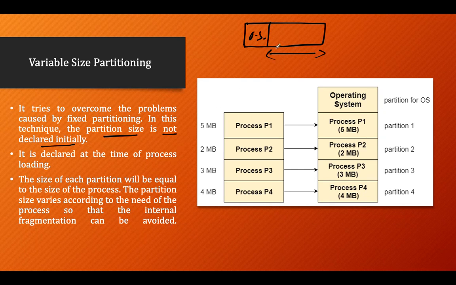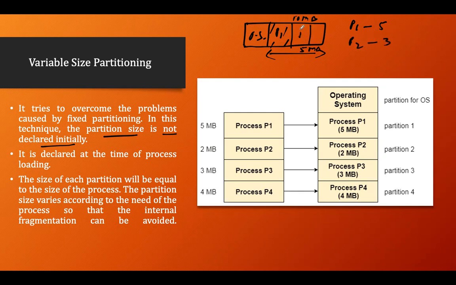Why? Because let's say the total size here is 10 MB, and I have a process one which needs 5 MB. So I can use 5 MB here, but 5 MB is left. Let's say process 2 comes, which requires 3 MB.